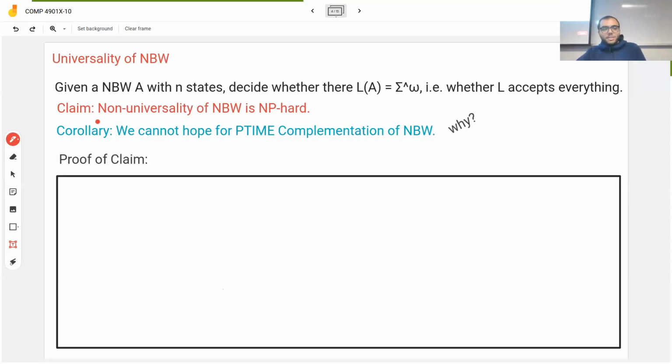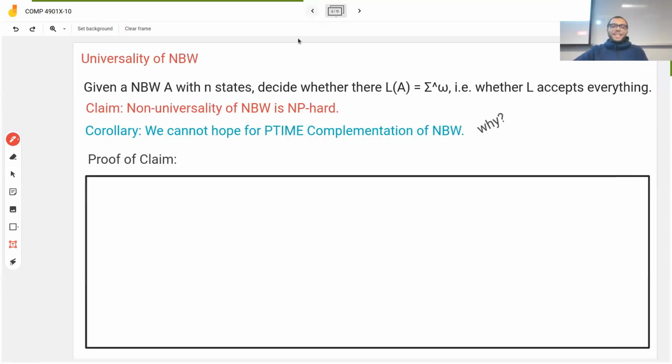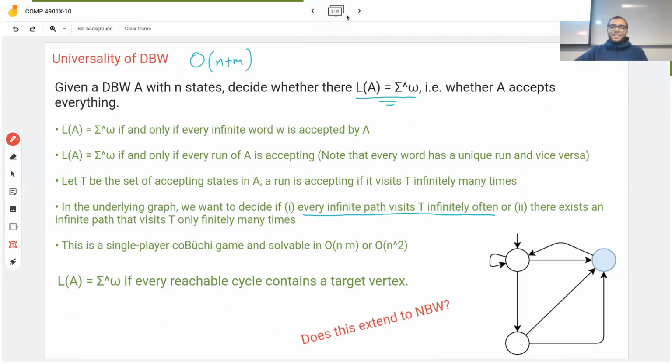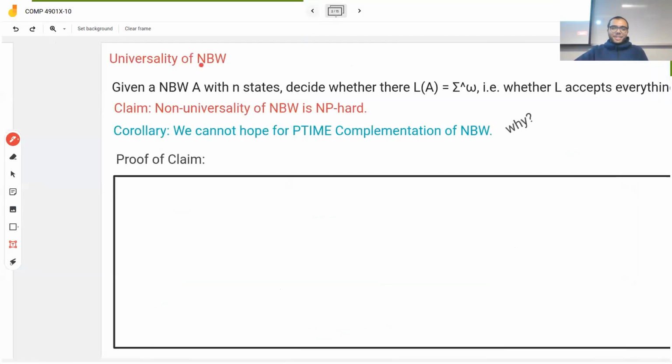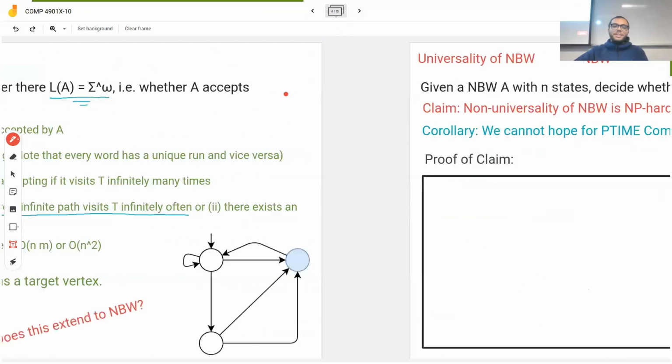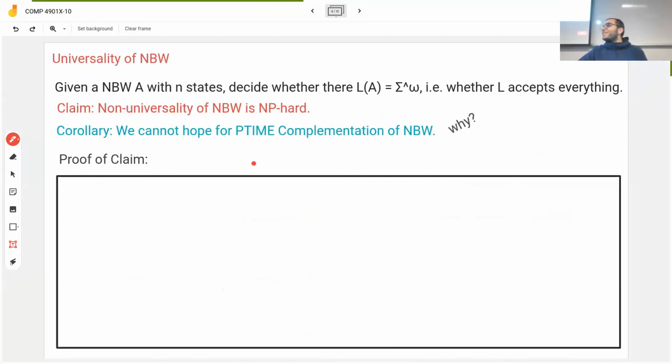This is called the non-universality problem. And I'm going to prove that this problem is NP-hard. Okay. So we went from linear time in universality for deterministic Büchi automaton to NP-hard for non-deterministic Büchi.